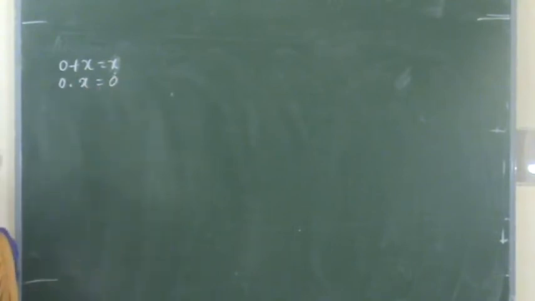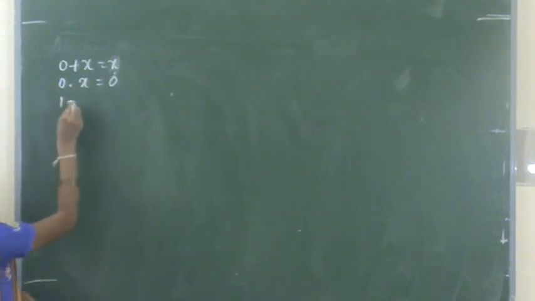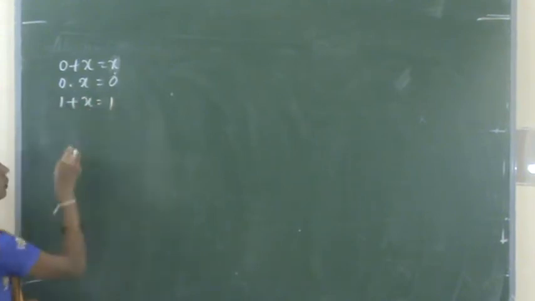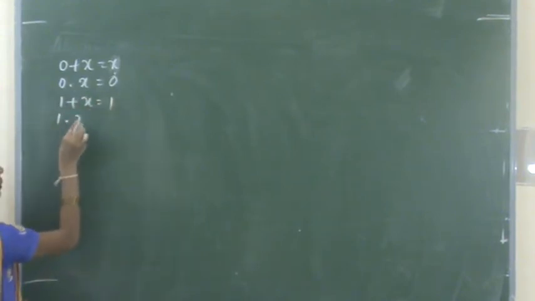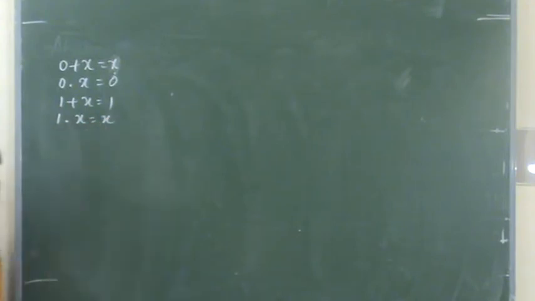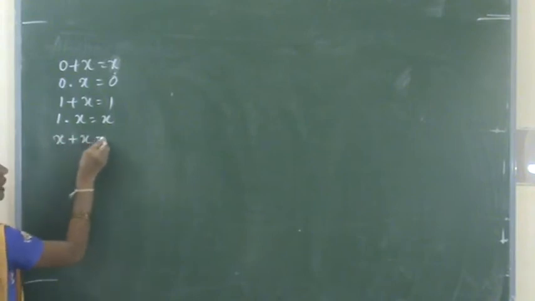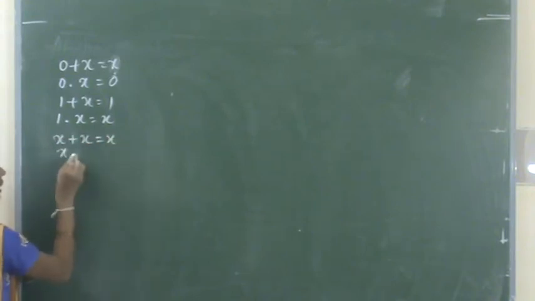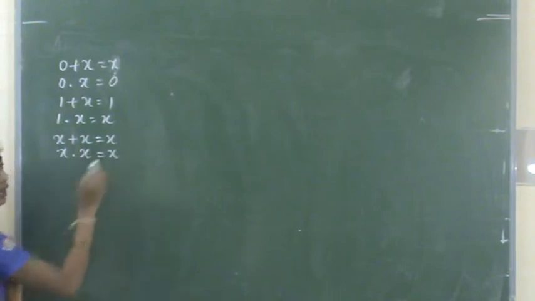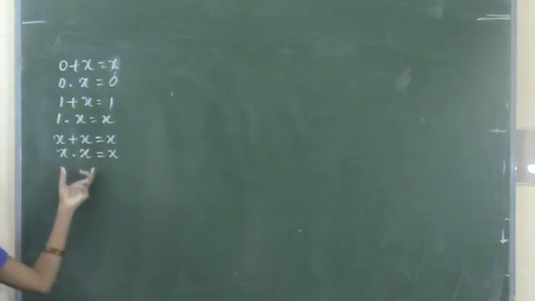And then properties of 1, that is 1 plus x is equal to 1 and 1 into x is equal to x. So these two are properties of 1. After that we studied the idempotence law, that is x plus x is equal to x and x into x is equal to x.